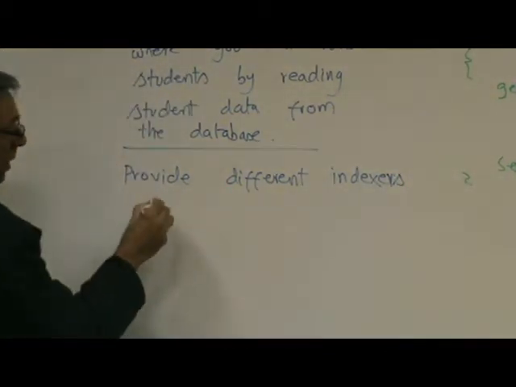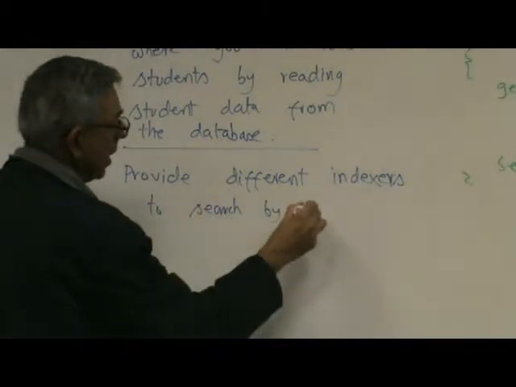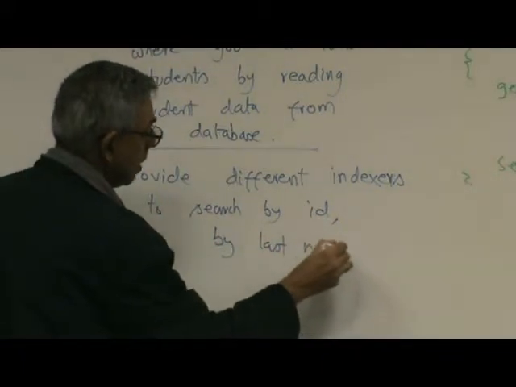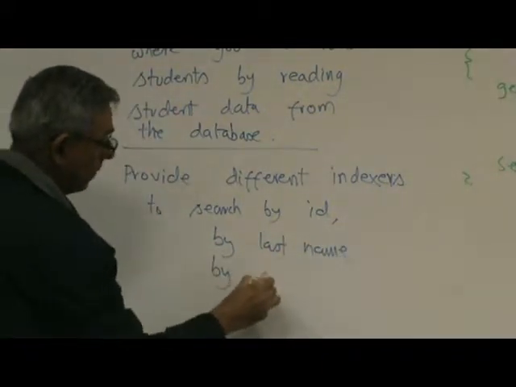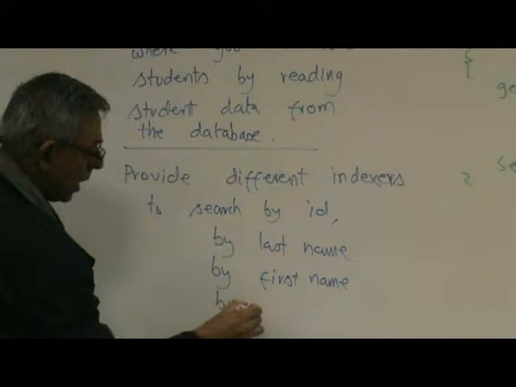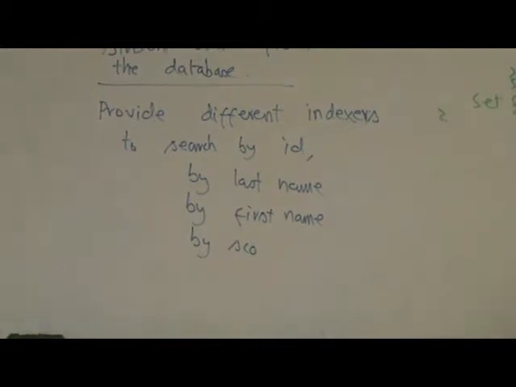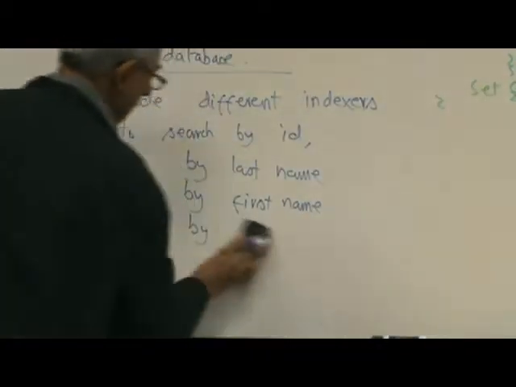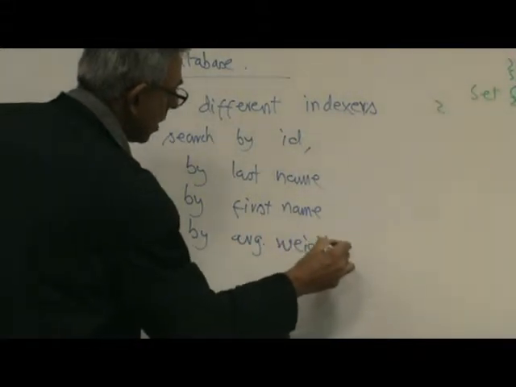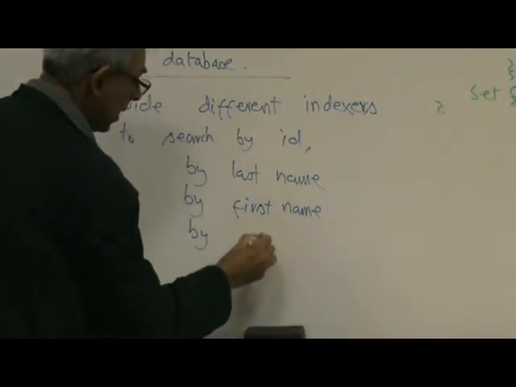Okay, so for example, to search by ID, by last name, by first name, by score, by average score, average weighted score, or let me say by grade.